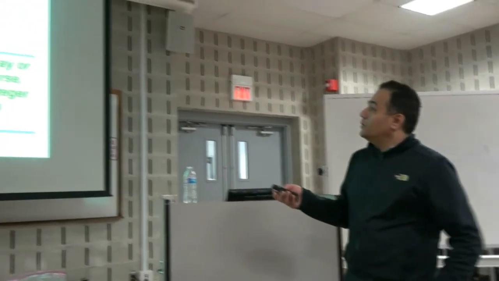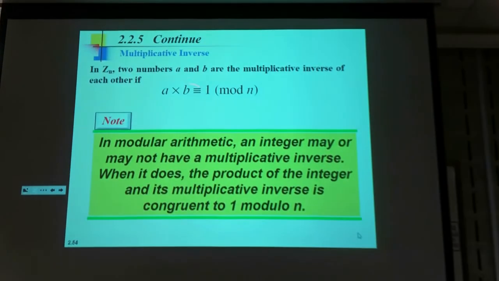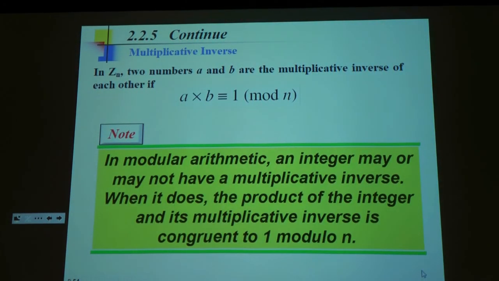Now let's talk about multiplicative inverse. If you multiply the two digits, it will give you 1 modulo n. In modular arithmetic, an integer may or may not have a multiplicative inverse. When it does, the product of the integer and its multiplicative inverse is congruent to 1 modulo n.